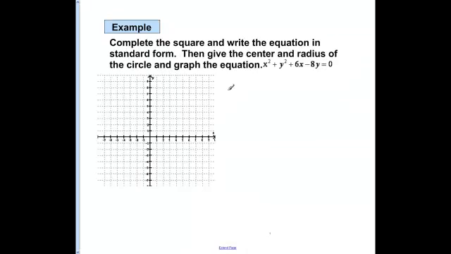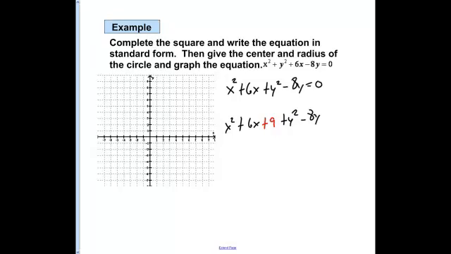Let's take a look at this example. We want to group our x terms. X squared plus 6x plus y squared minus 8y is equal to 0. So we're going to complete the square here. X squared plus 6x. We're going to take half of 6, which is 3, and square it, plus 9, plus y squared minus 8y. So we'll take half of 8, which is 4, and square it, which is 16.